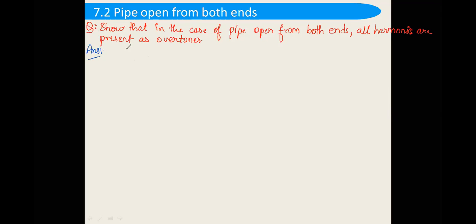So we'll write the answer like this: consider an organ pipe. You can consider a normal pipe also, or an organ pipe. Organ pipes are the same as those in the organs, and the same concepts are applicable to both.